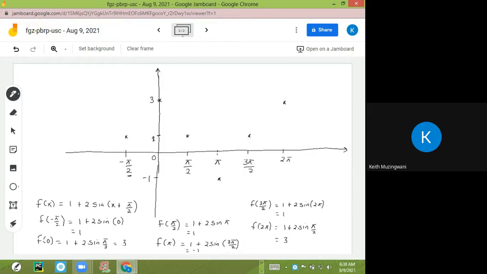These are angles. 3 pi over 2 is 270. What is sine 270? Sine 270 is negative 1. Yes, so you multiply negative 1 by 2. Because negative 1 is this piece here. This piece has now been called negative 1. So what we have is 1 plus 2 multiplied by negative 1.